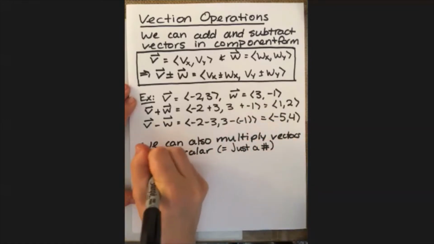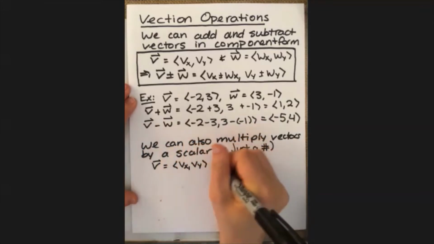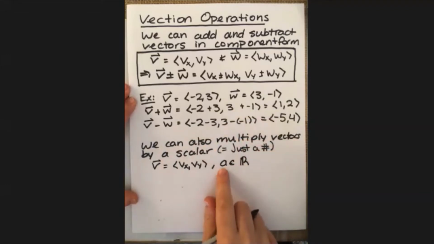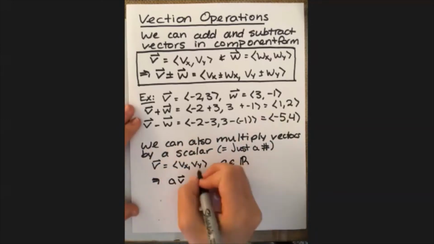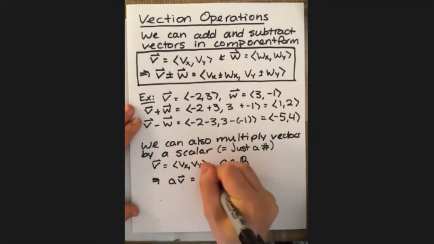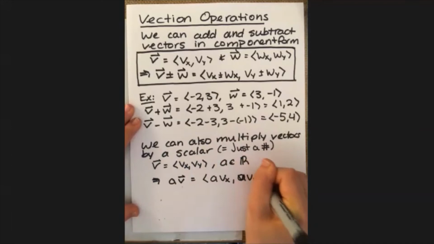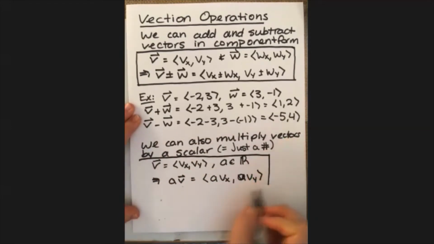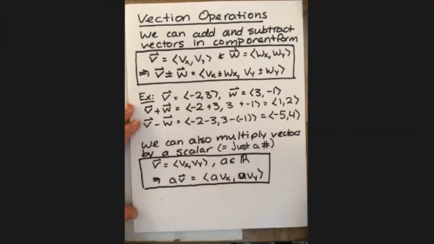So if we have a vector v written in component form, and we want to take some scalar a, which this right here means that a is in the real numbers, so we're just taking any number, then multiplying that vector v by a is the same thing as taking a and multiplying it by each of the components in v. So same idea as with the addition and subtraction, everything is done component by component.